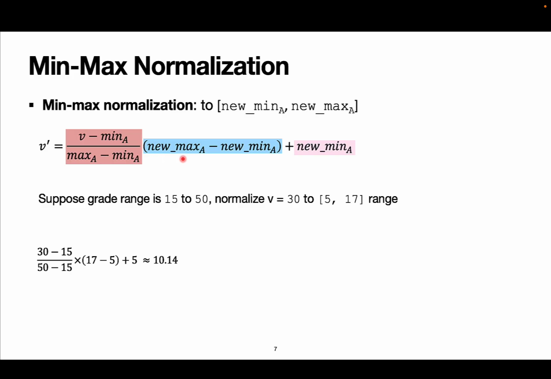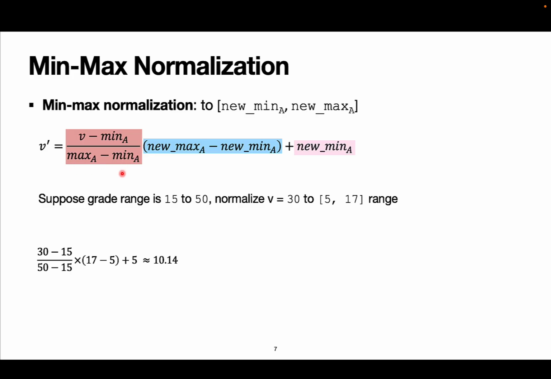A new max minus a new min is this interval's width, which means if I add the new minimum to the interval width and this part was equal to 1, then I'm going to get the upper limit, which is 17. Now let's take a look at this ratio. What does it mean? v minus minimum over maximum minus minimum.